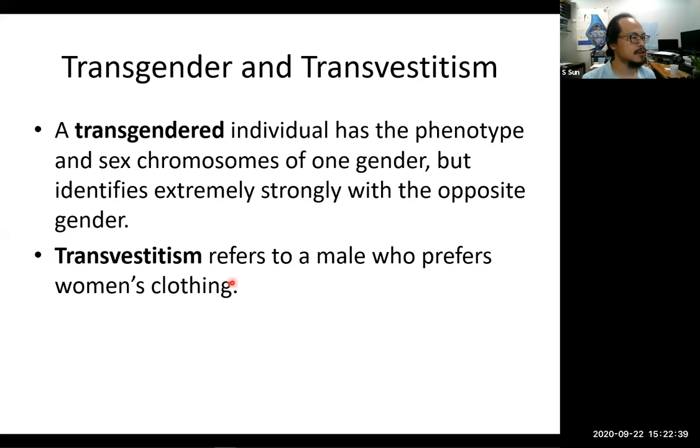Another terminology is transvestitism. This is a situation where the male likes to wear female clothes. That's another condition where you just need to know what this term refers to.